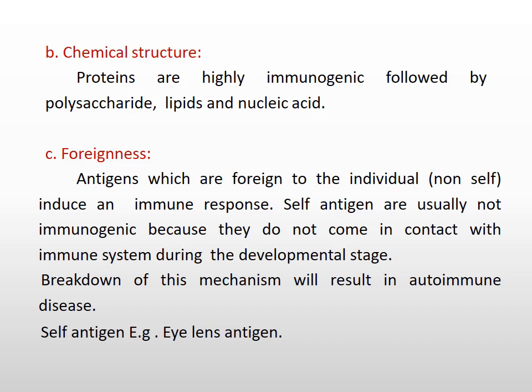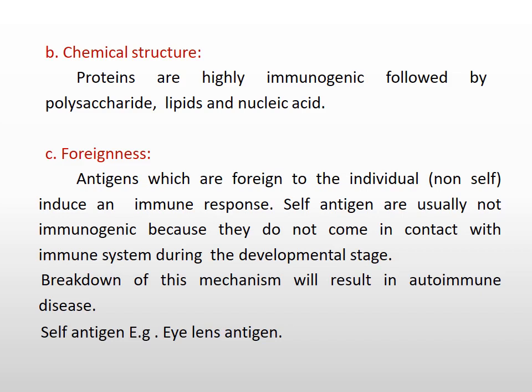Number 3, foreignness. We all know that antigens are generally foreign to us. So antigens which are foreign to the individual, that is non-self, induce an immune response, and normally our self antigens, as they are already exposed to our immune system, get sensitized during the process of development.